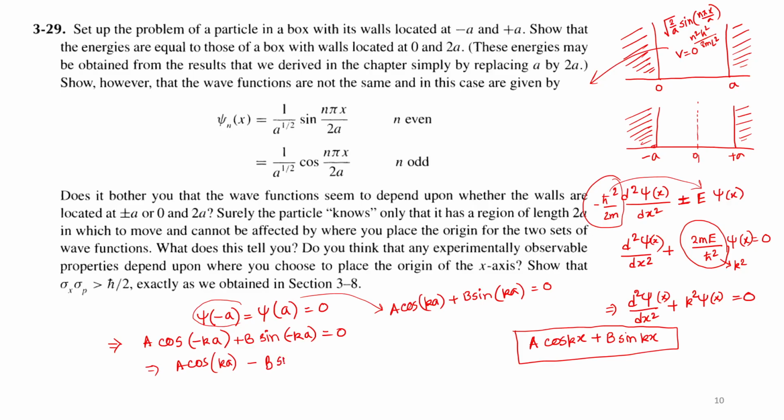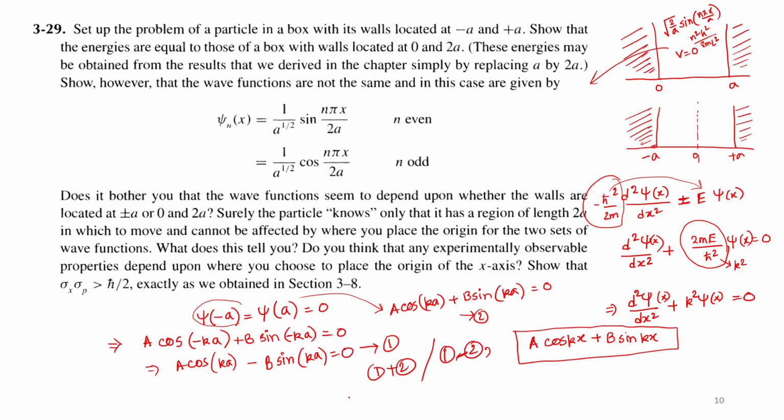So I am getting two equations, 1 and 2. In one the plus is 0 and in the other the minus is 0. If you do 1 plus 2 or 1 minus 2, you will get two conditions.